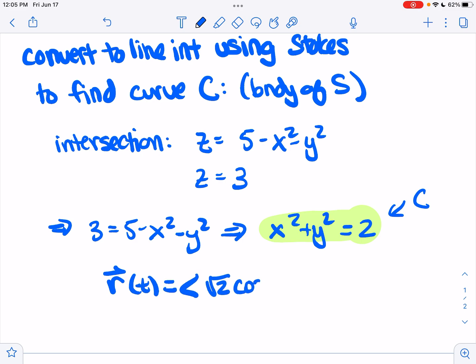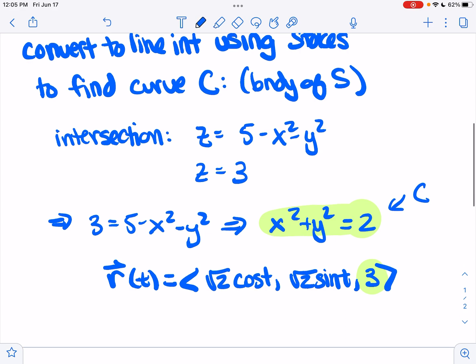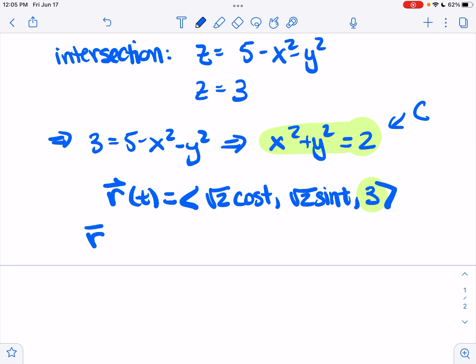Square root of 2 cosine t, comma, square root of 2 sine t. And the z component for this circle is 3. Right? The circle is up there at height 3, so the z component for this circle is 3. That's tricky. We got to pay attention to that. We know for a line integral, for work integral, we need the derivative of this.